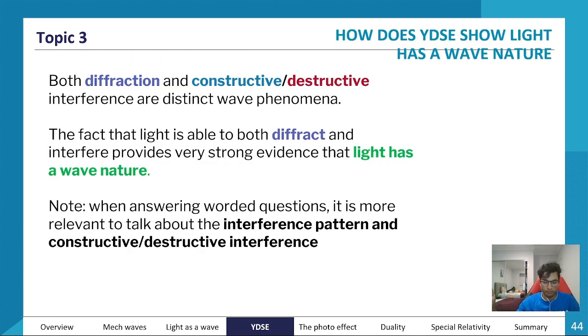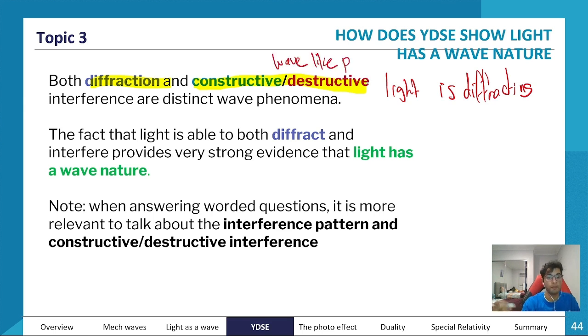Cool. Just to quickly sum up, what Thomas Young showed is that light is diffracting, and when light diffracts, it's going to create positions of constructive and destructive interference, which again is a wave-like property.